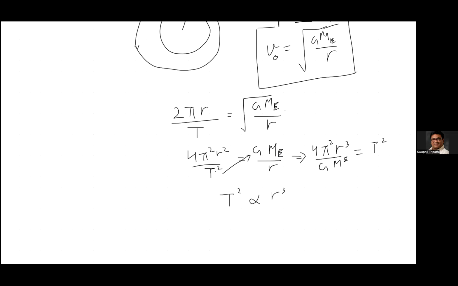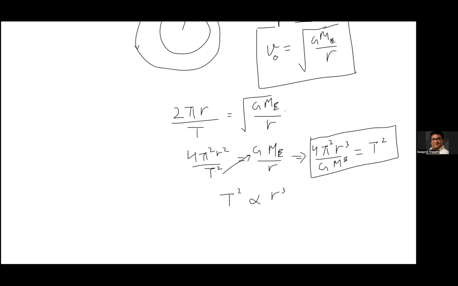So in terms of calculations that have to do with orbiting around the Earth, we can use this formula and plug in numbers, and we'll be able to calculate the time period. For example, this is the one where you can calculate the time period of the International Space Station going around the Earth.